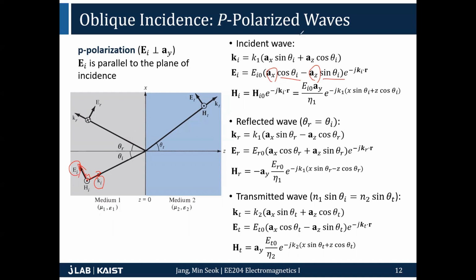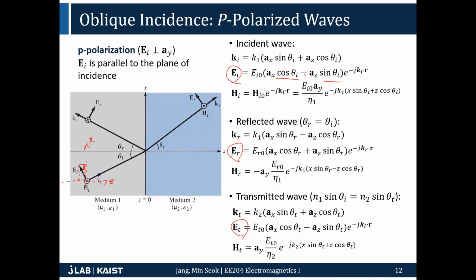So let me graphically express this. This is theta_i, and this is the x component, and this is the z direction. So the x component is cosine theta_i, the z component is minus sine theta_i, right? And similarly, you can also determine the electric field components for the reflected wave and transmitted wave. The rest of the part is exactly the same.